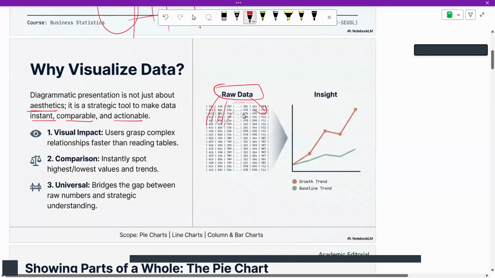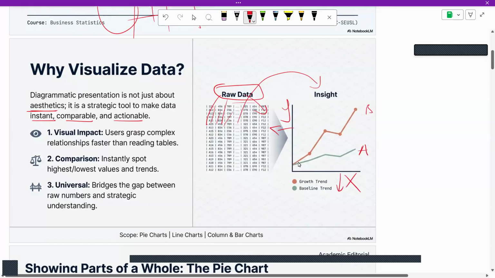For that, we convert this data set into a form like this. Here we have two series, A series and B series, with a y-axis and x-axis. On the y-axis we can plot one variable, and on the x-axis we put another variable.